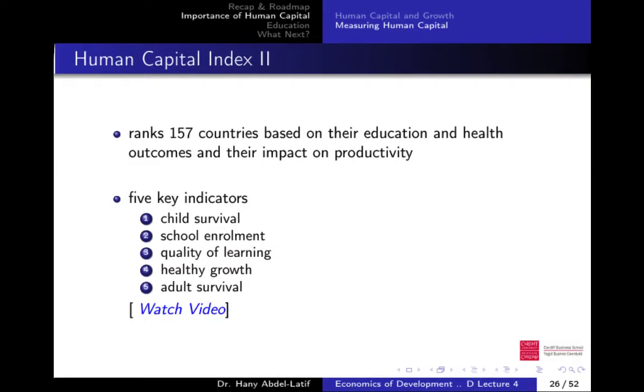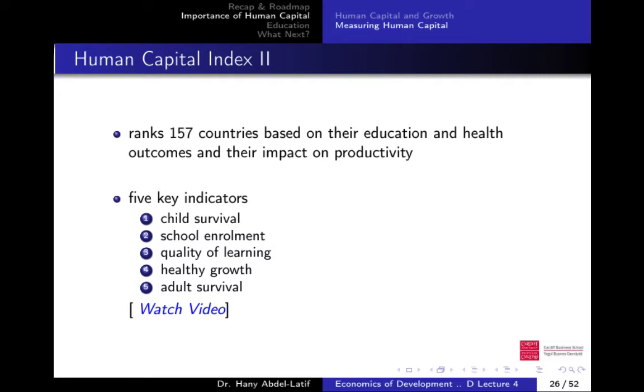So moving forward, they have data for, I think, 160-something countries. I'm not sure if this 157 is correct. I think it's 167 countries. It is based on the education and health outcomes and how these affect productivity.